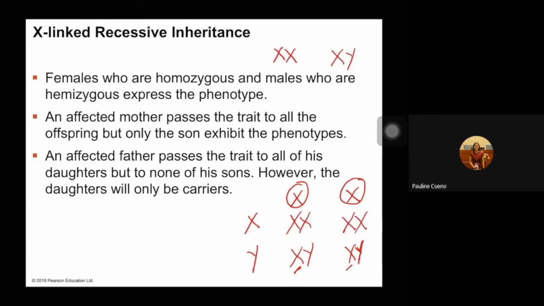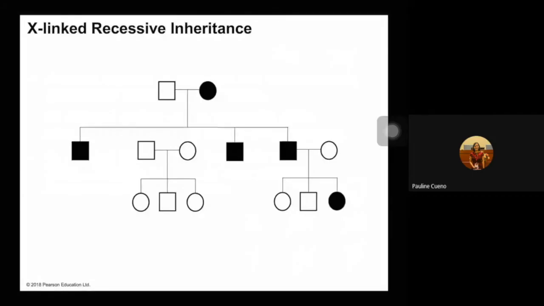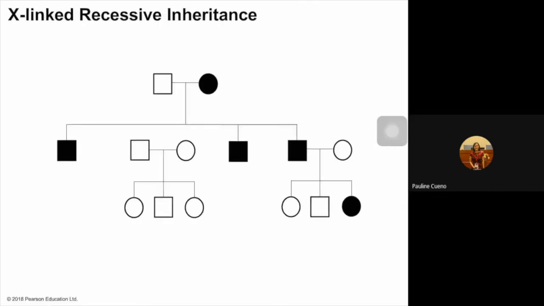So for the pedigree ng X-linked inheritance, here's an example of a pedigree of X-linked inheritance. So maglagay lang kayo ng legend. Kung X-linked recessive inheritance siya, ano ba yung affected or yung nagmamanifest ng phenotype? So based on our previous discussion, the genotype of affected individuals, let's use A lang muna.